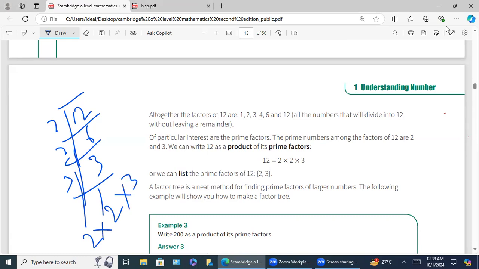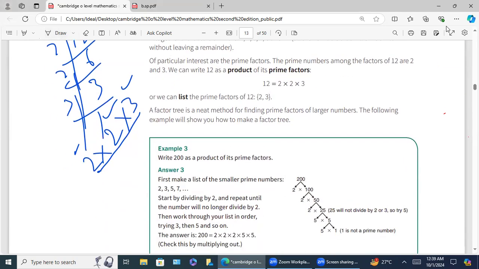Also 1, but 1 is not important. So these are the factors of 12, and these all are prime numbers. That's why we call these prime factors. Is it okay? Got it? I hope that you got it.